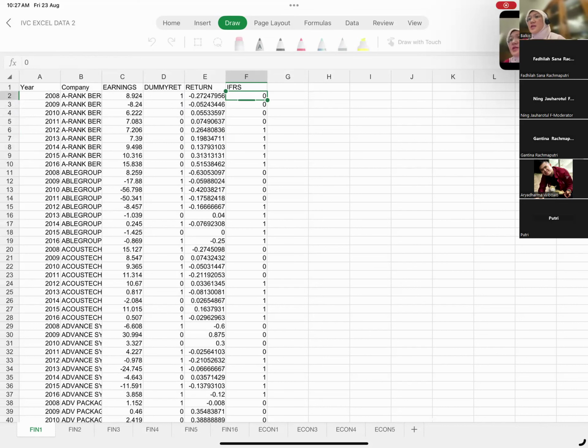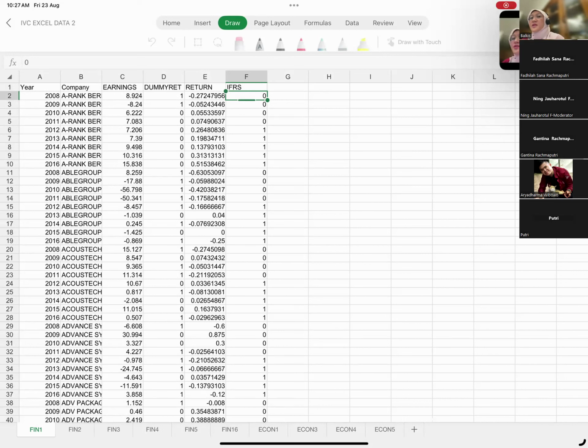financial reporting standard. So here, this data is collected to see whether the income or the profit of every company depends on the return, on the positive or negative return, and depends on whether the company is using the international financial reporting standard or not.